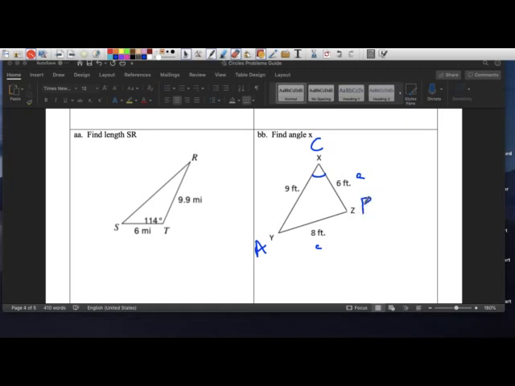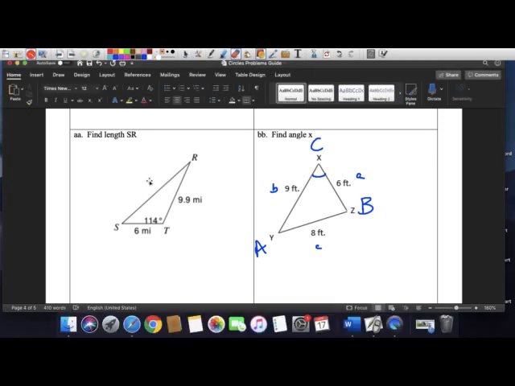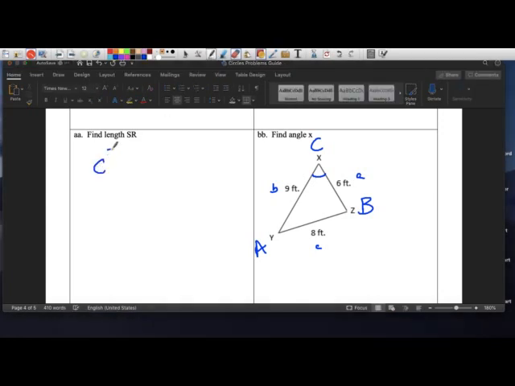This is B, this is little b. The only reason I did that is because I just like to use this one, right? c squared equals a squared plus b squared minus 2ab times cosine of C, the angle that we need to find.